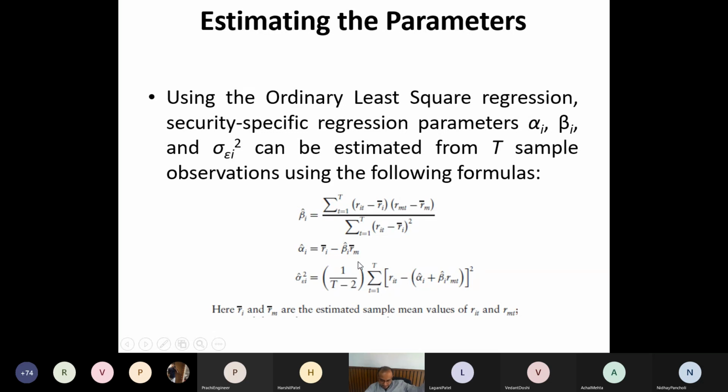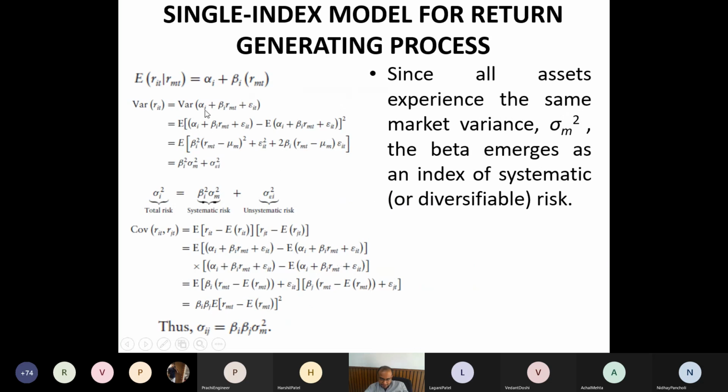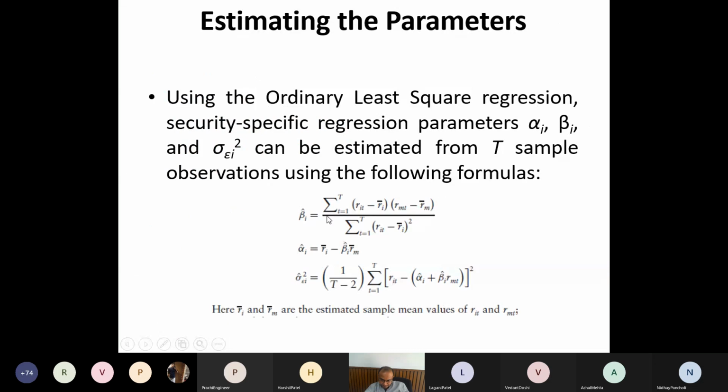We use this equation in the practical, right? So if we have the past data in an Excel sheet, we can take it into MATLAB, and based on this equation we can estimate the parameters beta I, alpha I and sigma epsilon I square, and then later on we can use this in our model to predict the future. I hope you get this idea, right? So I am not expecting you to remember this.